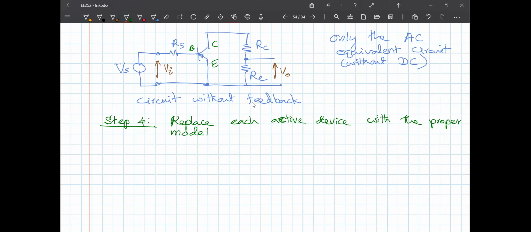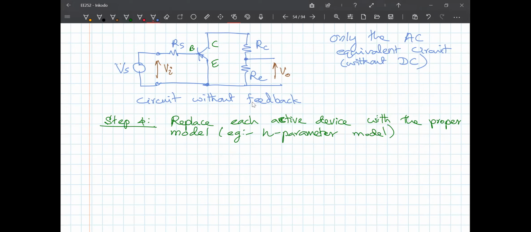So for example, this proper model can be the H parameter model, or the hybrid pi model, or whatever the appropriate model.